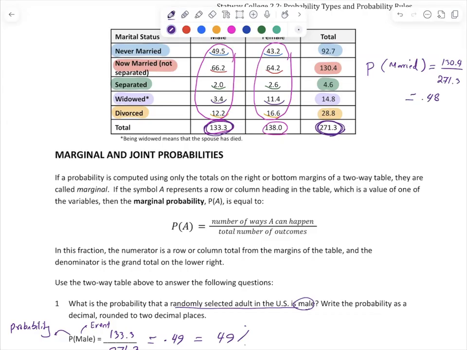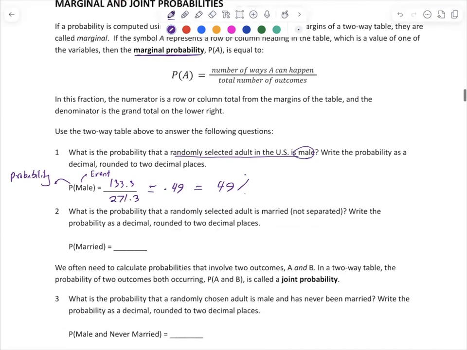So being married is on the margin right here. Being a male is on the margin down here. So when we are calculating these types of probability, we're finding the marginal probability. We just focus on the margins. Very well. What else do we have?